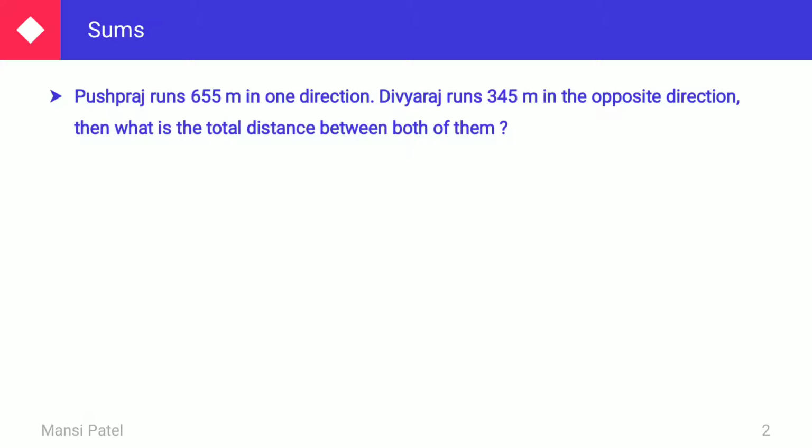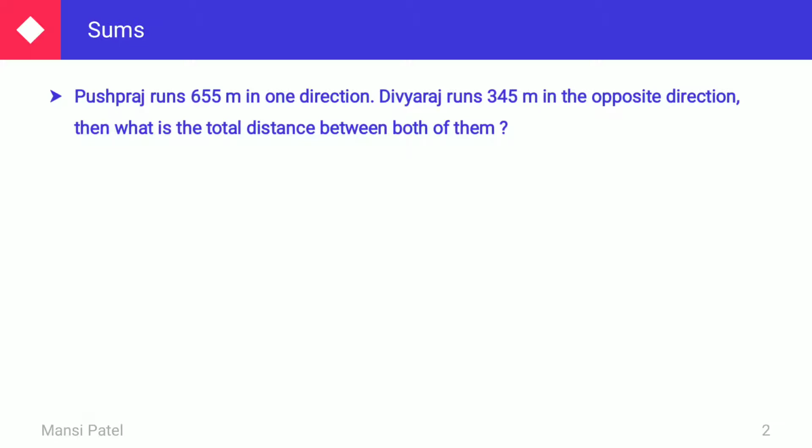Now see here, they were telling that Pushparaj runs in one direction and how much is he running? 655 meter. Now from the same starting point, Divyaraj runs 345 meter in the opposite direction.